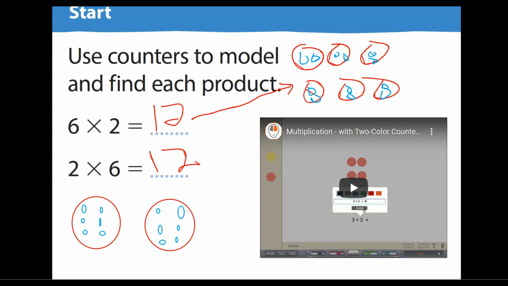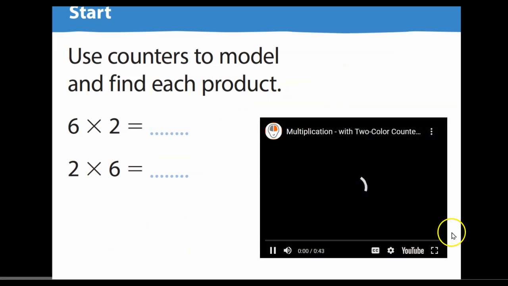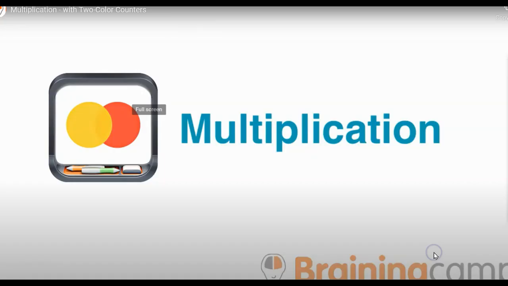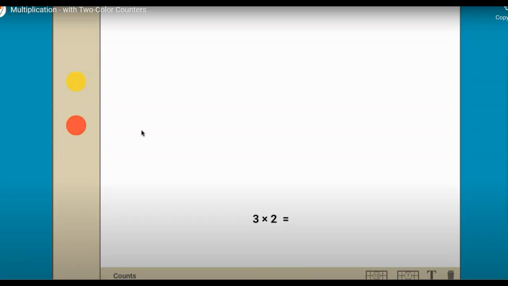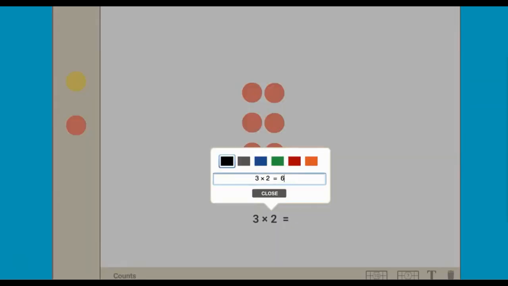Multiplication can be thought of as the first number telling how much to take of the second number. So 3 times 2 is like making 3 groups of 2. There are 6 in total, so 3 times 2 equals 6.